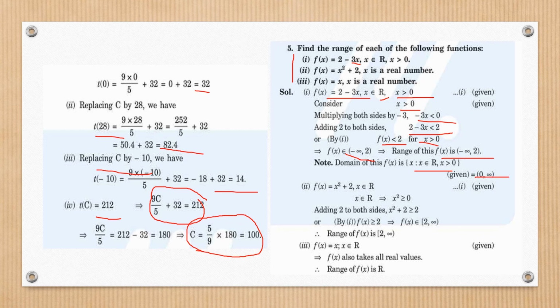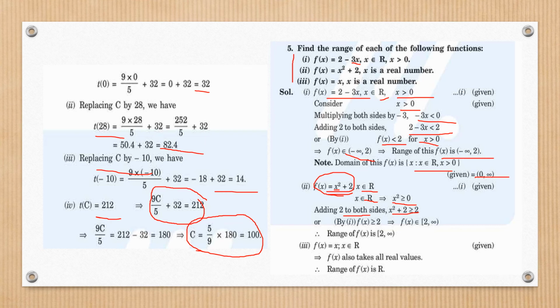Second is f(x) = x^2 + 2 for x belonging to R, right? Now x belongs to R, so we know the square of any number is greater than or equal to 0. Now adding 2 to both sides, what do I get? x^2 + 2 is greater than or equal to 2, right?